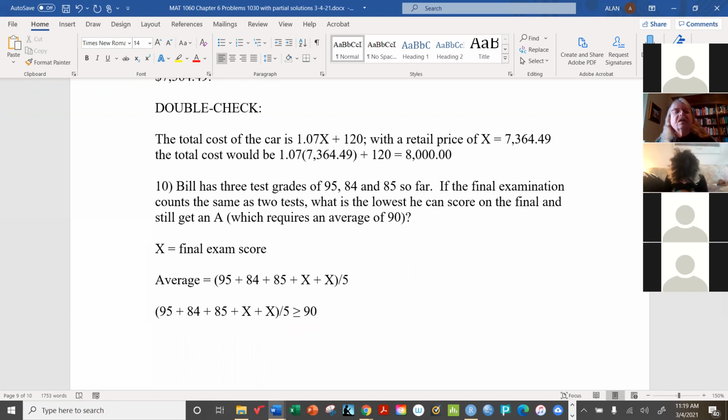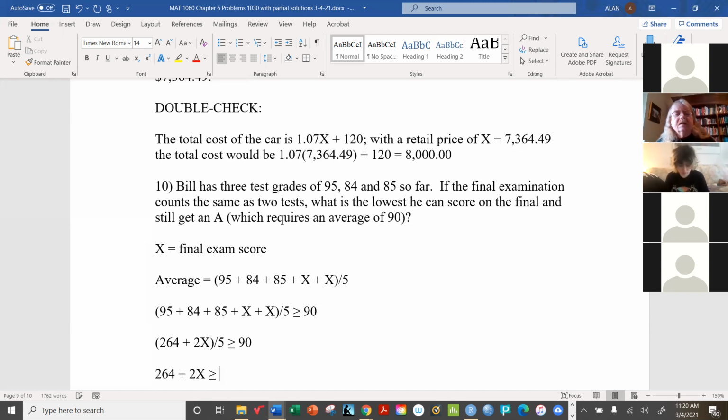So now we'll consolidate all these constants and the 2 X's. Wait a minute. Let me just double check that. 95 plus 84 plus 85 is 264. Yeah, 264 plus 2X over 5 must be at least 90. Now I'm going to multiply both sides by 5.